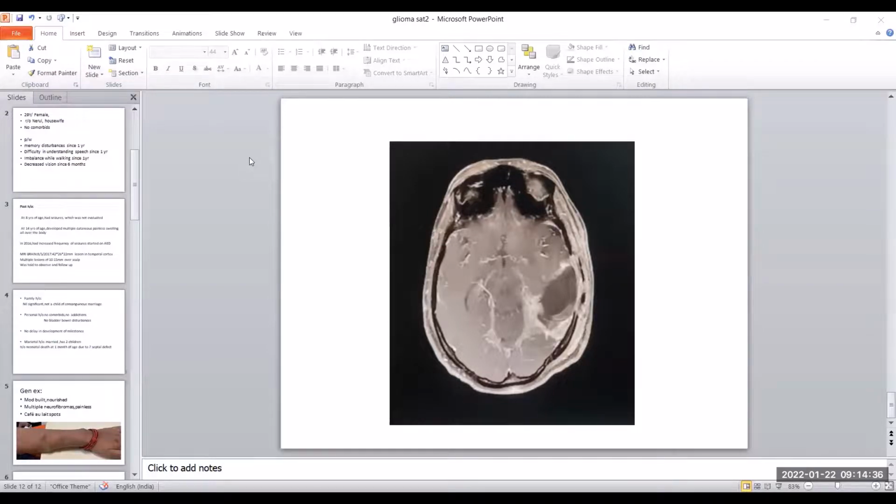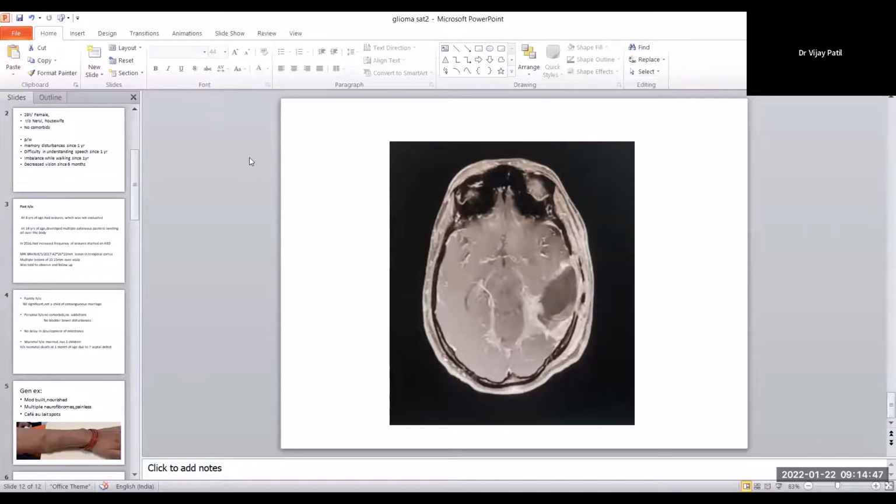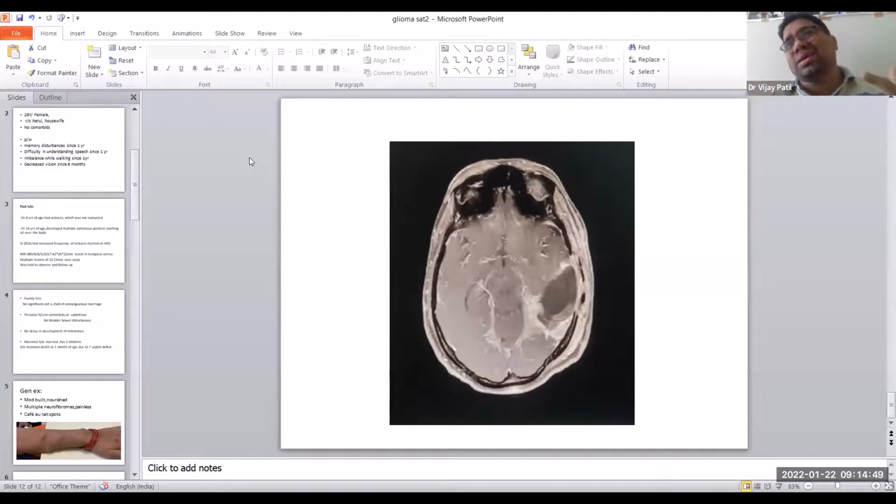They were always concerned that radiation may increase secondary progression to glioblastoma. But again, the EORTC results suggest that whether you keep on observation or not, the transformation rates were the same. So that is not a concern.